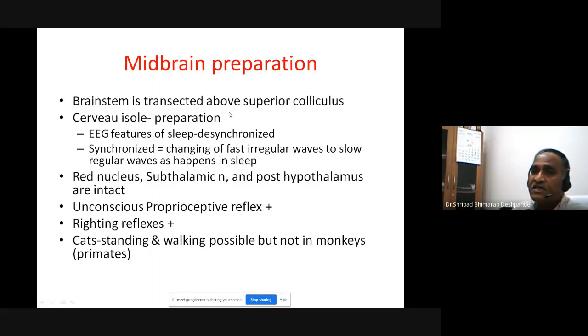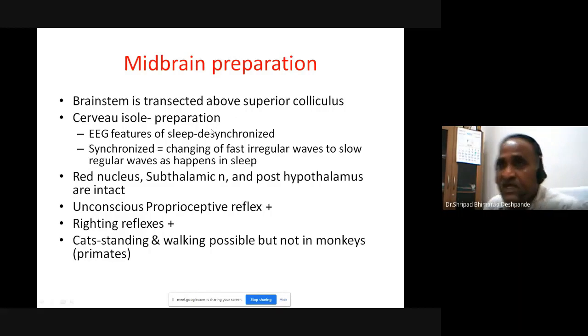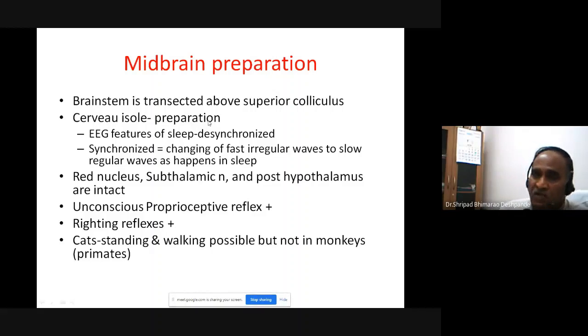Especially in persons who are undergoing sleep studies, he will be in a sort of deep coma. He will not understand EEG features, or the features of sleep are desynchronized. So there will be a desynchronized sleep. What is synchronization? During sleep, the fast irregular waves are converted into a slow regular wave pattern.